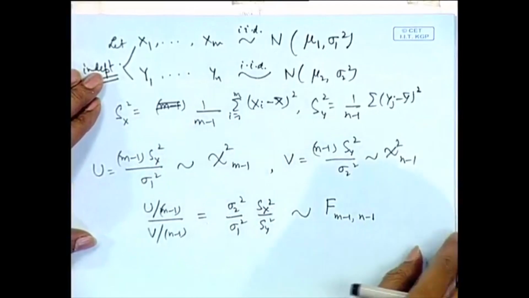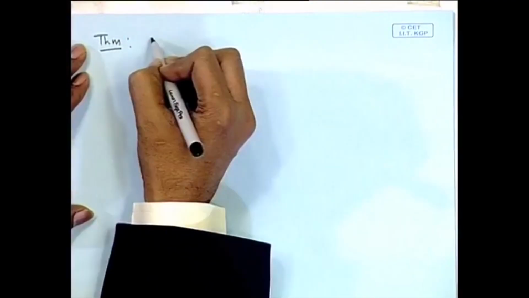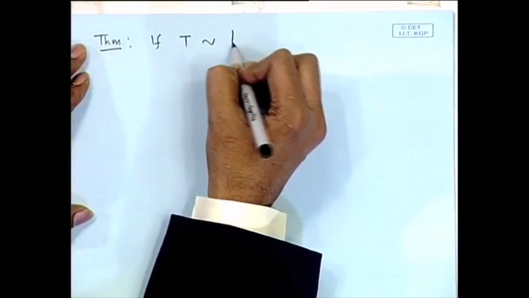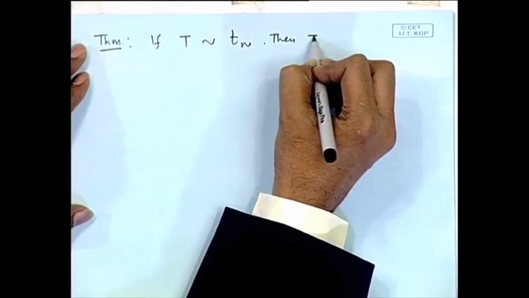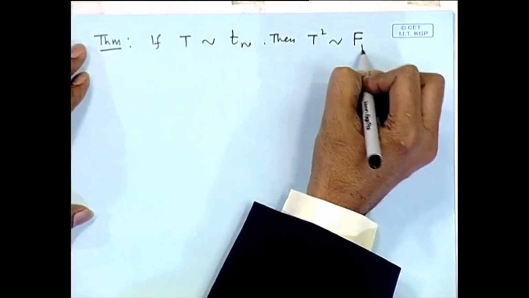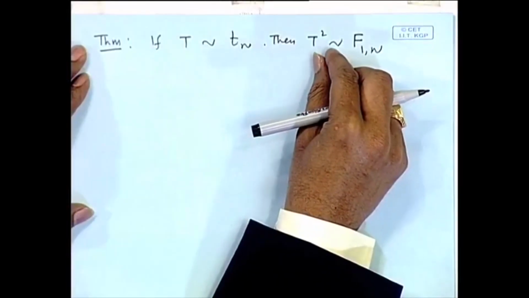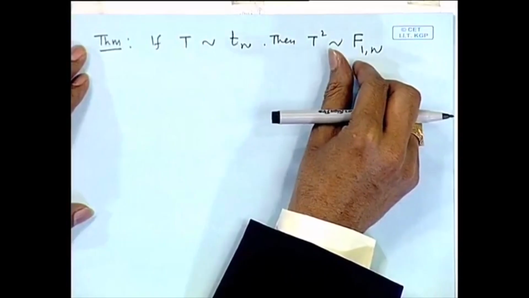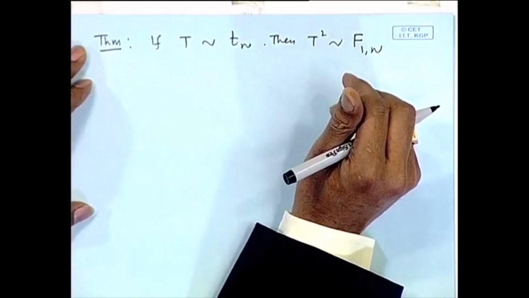Another relationship which is coming here is that if t follows t distribution on n degrees of freedom, then t square follows f distribution on 1 and n degrees of freedom. One can prove it by direct transformation by writing down the density of t and making the transformation u equal to t square there, and compare with the forms of the densities.